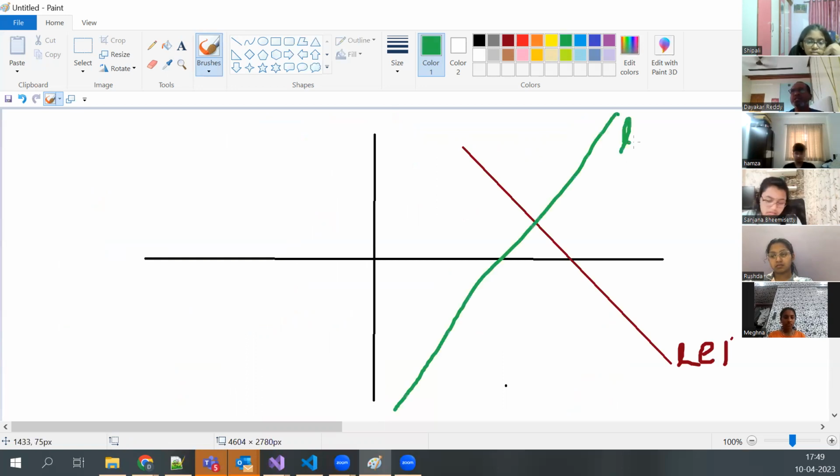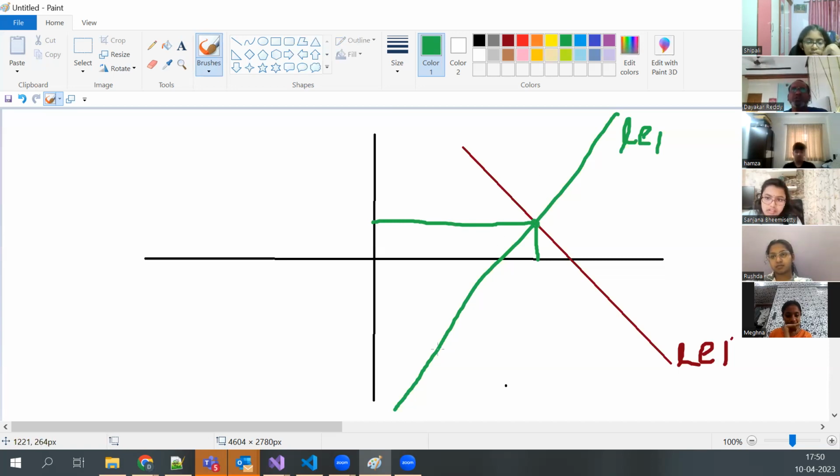In how many places do these two lines intersect? Only one place. So it contains only one solution. That means you will have one x value and only one y value. That means the equation contains only one solution.